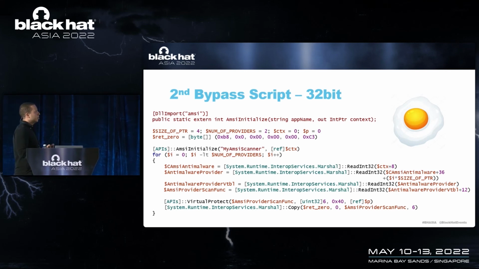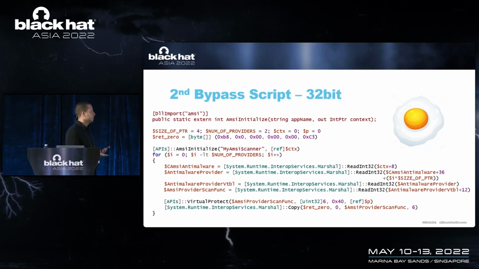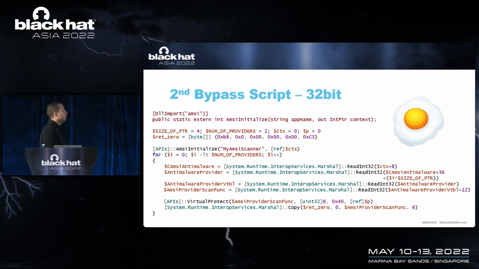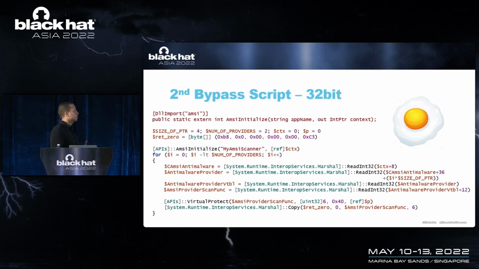Then when we find the scan function, we just need to change the protection of the page where this function resides and copy the patch that we want to apply to it. This basically patches the prolog bytes of the scan function inside the provider and returns 0, so this function is going to fail without filling the appropriate AMSI result.